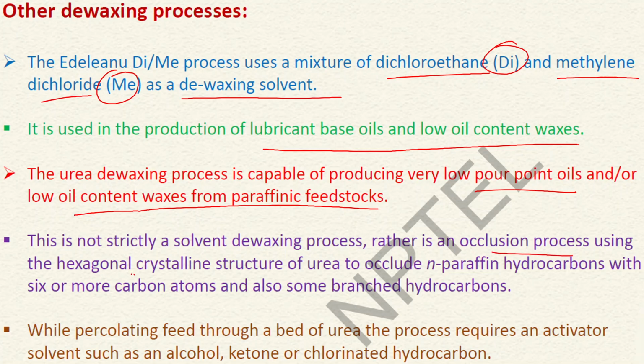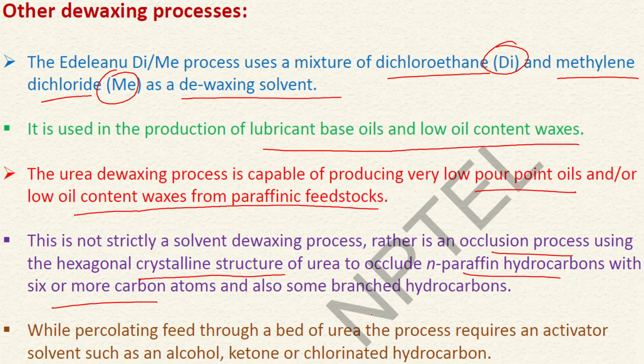What happens? The hexagonal crystalline structure of urea traps the n-paraffins of six or more carbons. It traps the wax molecules, the n-paraffins or some branched paraffin molecules, in between these hexagonal crystalline structures of urea, thus separating them out.